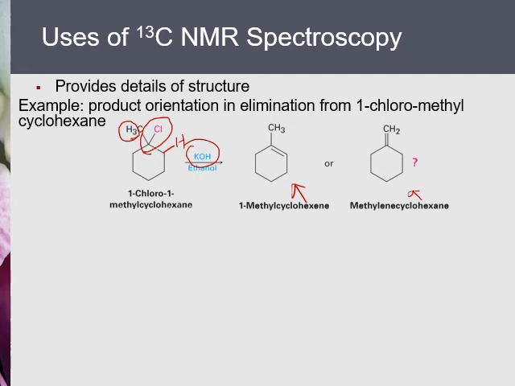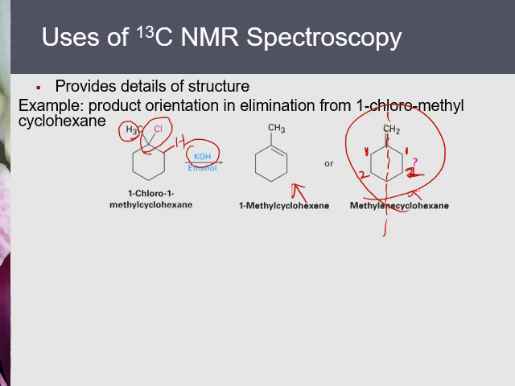So we compare these two products and look at the carbon-13 NMR. In the second molecule, you can see this is a symmetrical molecule. So here is a symmetry plane. So these two carbons, this carbon and this carbon, should give you the same absorption because it's a symmetrical molecule. Similarly, this carbon is equivalent to the right side.